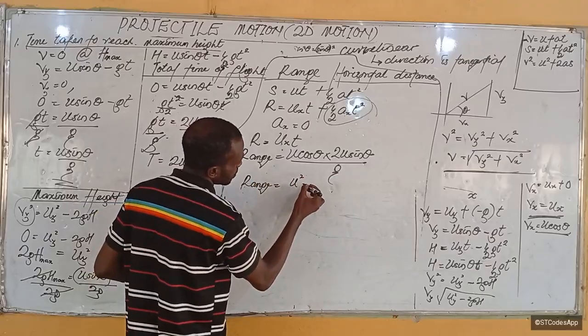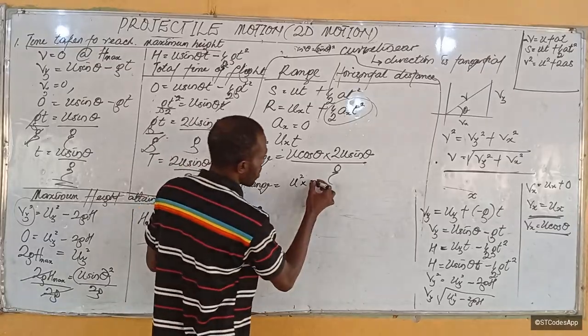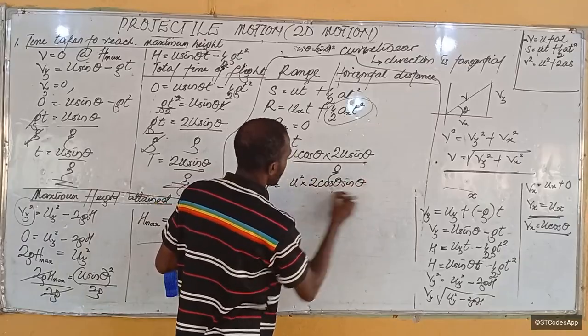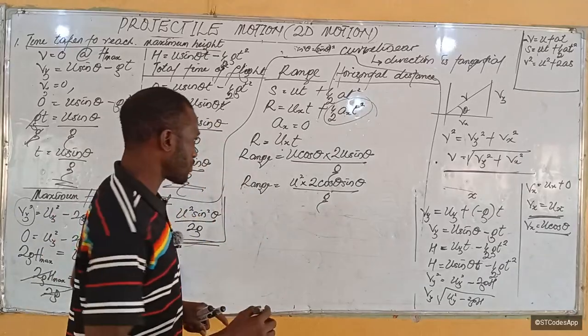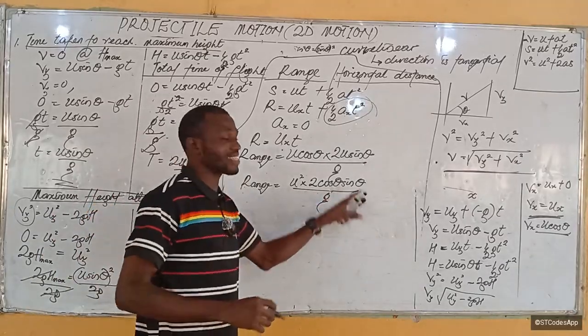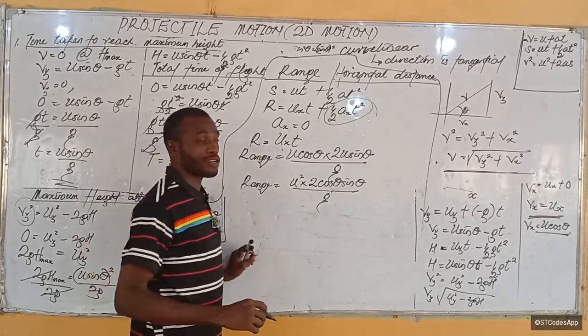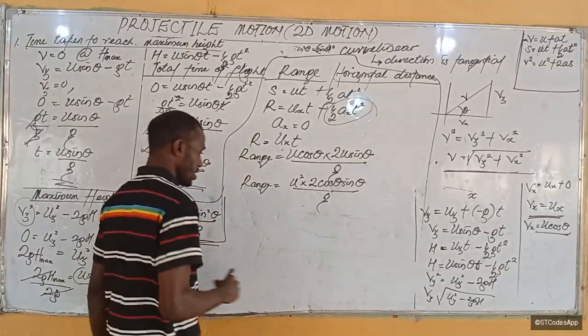So range becomes u squared times 2 cos theta sine theta over g. I want to write it this way because of something. You see, 2 cos theta sine theta is the same as sine of 2 theta. Let me show you.